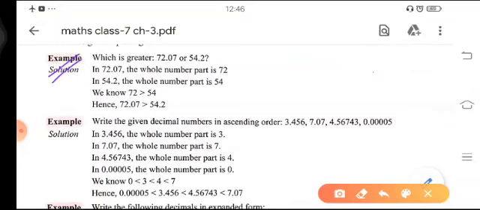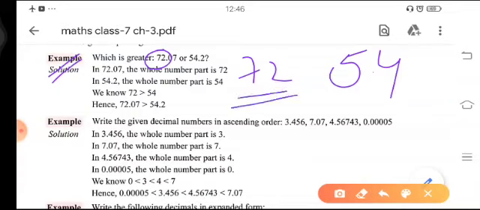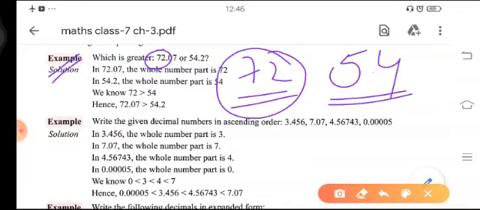First we will compare the whole numbers, 72 and 54. When we compare these two whole numbers, we know that 72 is greater. So 72.07 will be considered the greater decimal number.